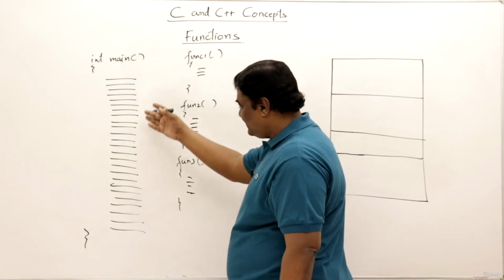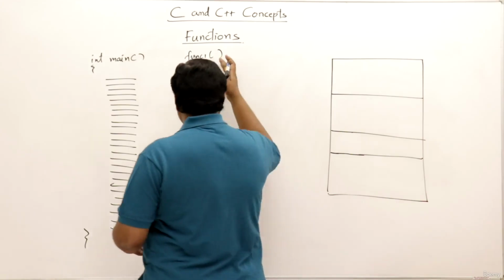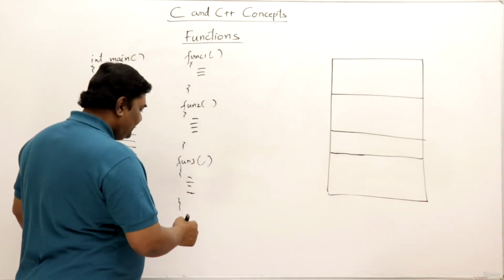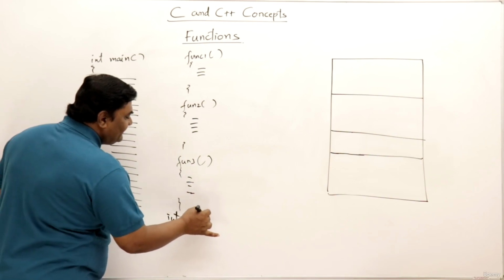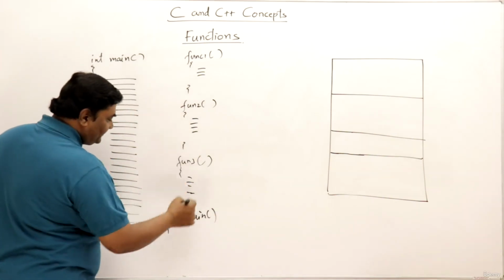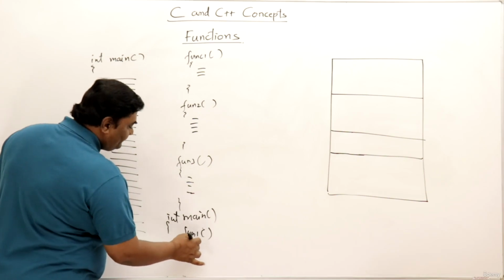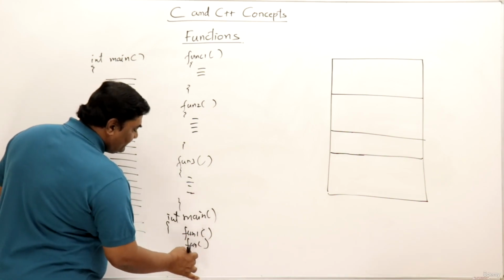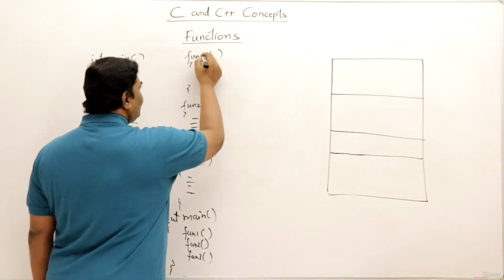So I can break this larger task into smaller simple tasks and then I can use them all together inside the main function. Suppose here I have main function, then inside the main function I can call these functions: function 1, function 2, function 3. For example, I have taken these three functions. For example, I am explaining like this.